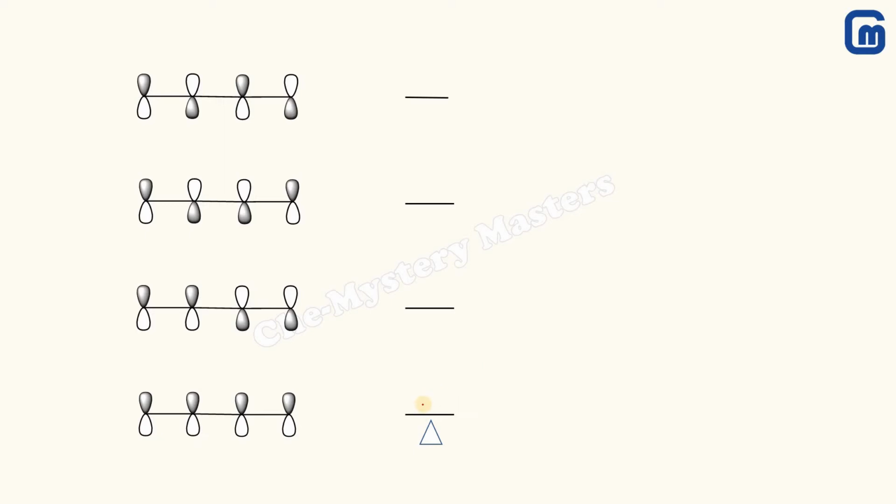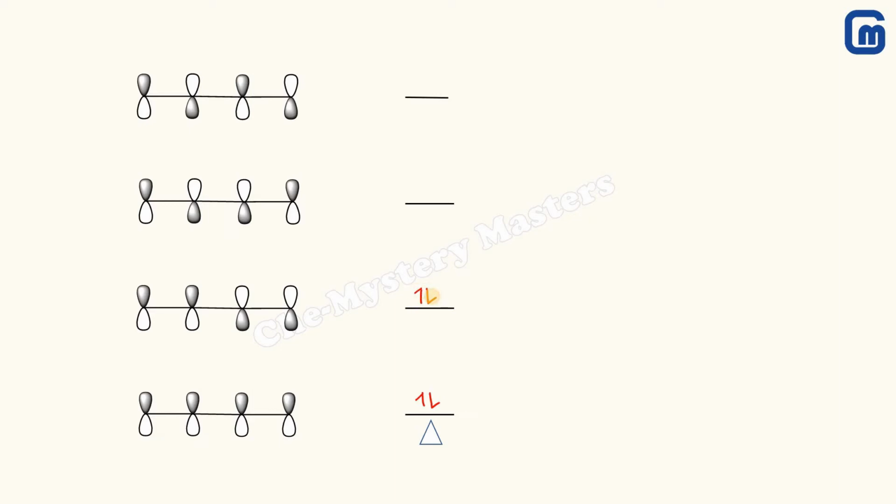We already know that in a particular molecular orbital the maximum of 2 electrons can be filled, and they are filled according to the energy level. The lower energy levels are filled first and then the higher energy levels are filled. So in the molecular orbitals of 1,3 butadiene there are overall 4 electrons, which in thermal condition or ground state condition will be filled like this.